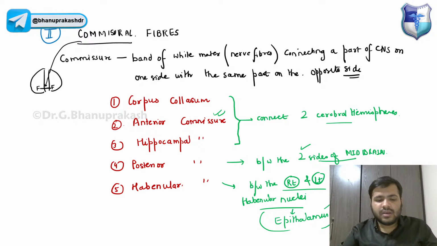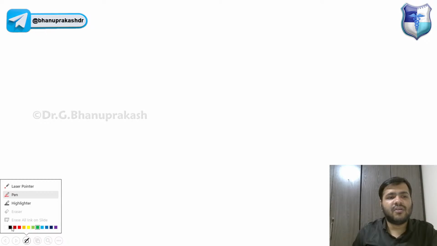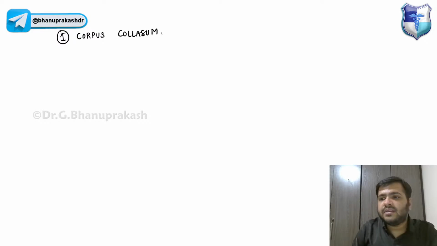Now guys, let us discuss the corpus callosum. One by one, let us discuss all of this. Chalo, the very first one, guys, you already know. We are discussing the corpus callosum, right?